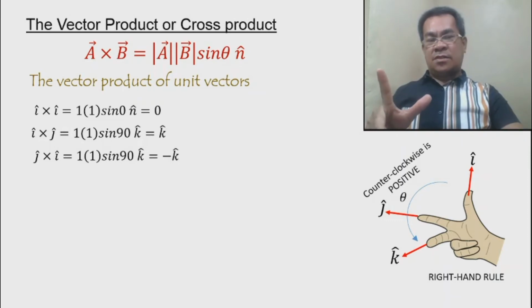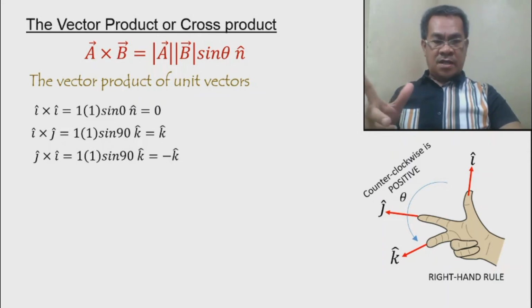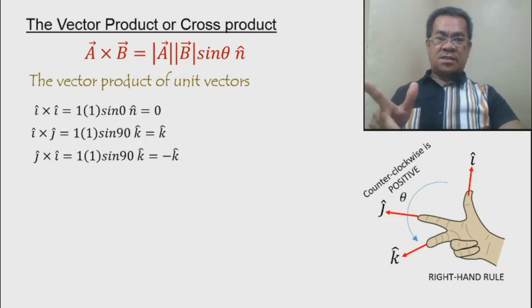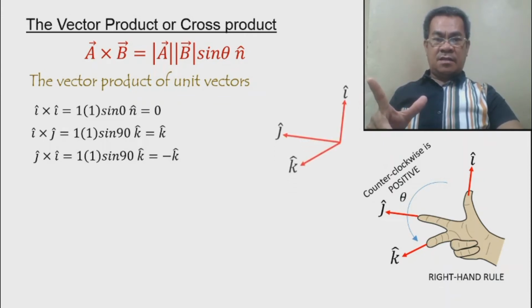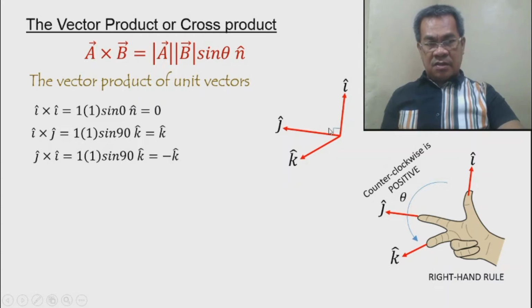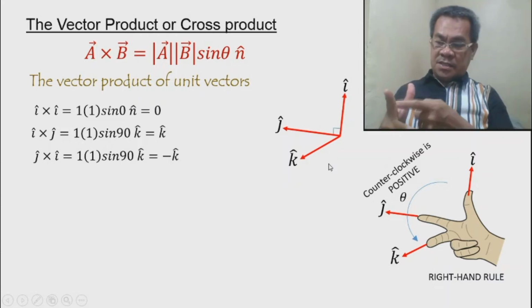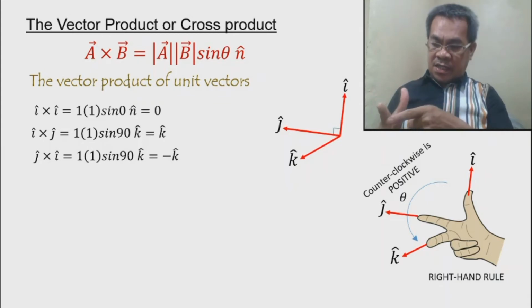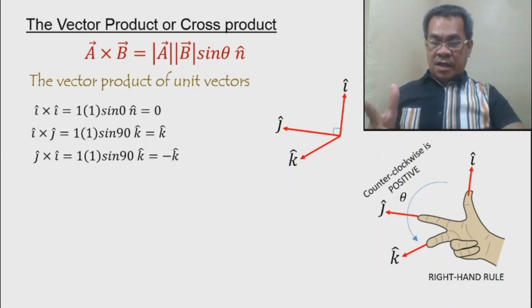Okay. So the I represents again the axis along X, J along Y, K along the Z axis. We have the I, J, K. But take note that the I and J angle is 90 degrees, while the J and K is 90 also.